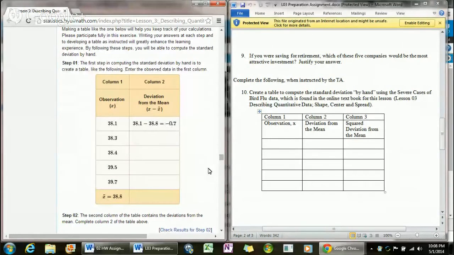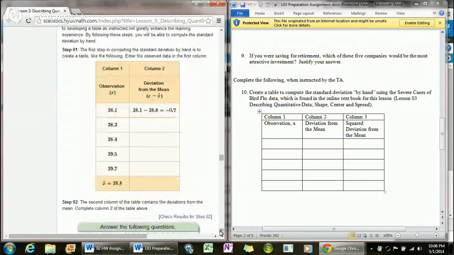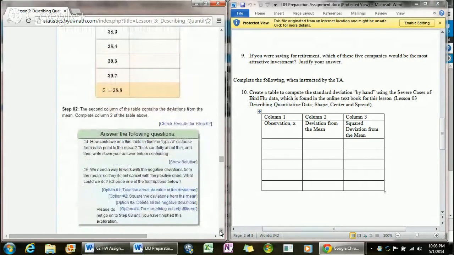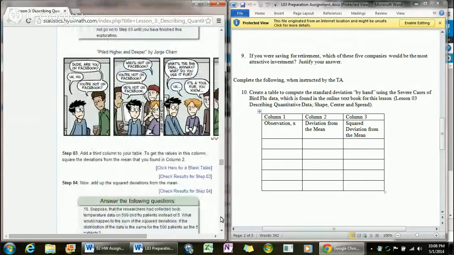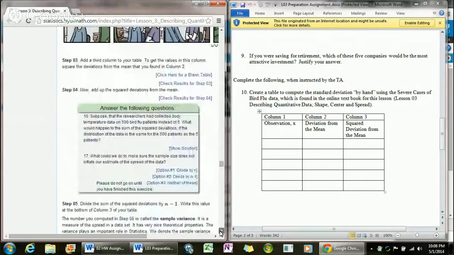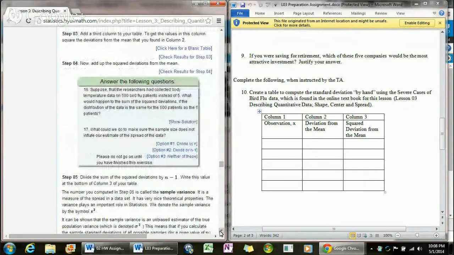And then it says we have to square the deviation. So 39.83. 39.5. A little bit dyslexic there. Okay.